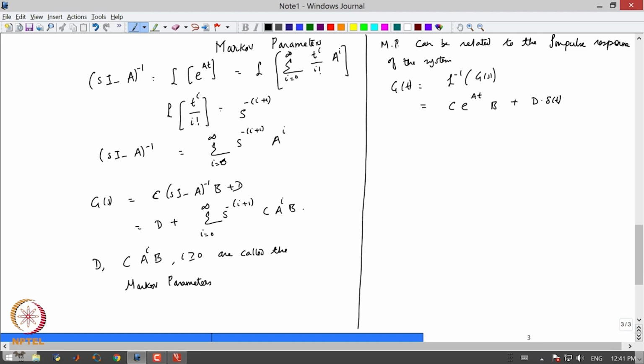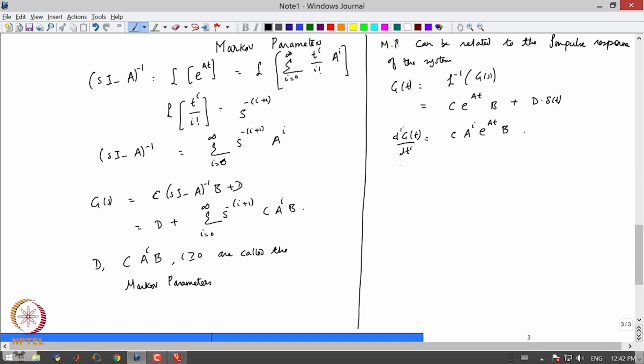Now, just take some derivatives. The ith derivative of g(t), d^i g(t) by dt^i, is C, with A power i showing up, A power i e power At times B, and the D will no longer be here.